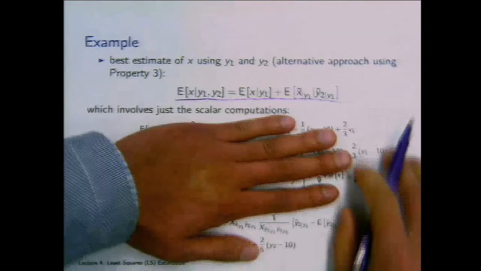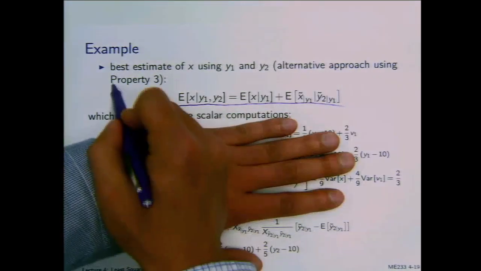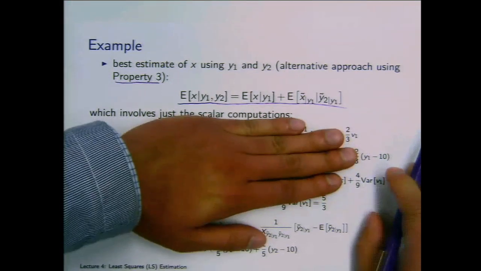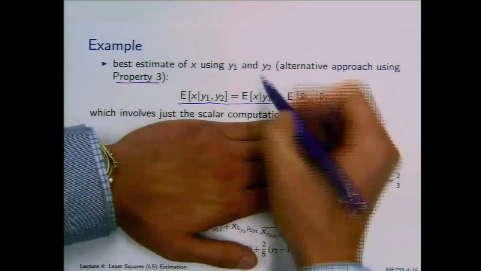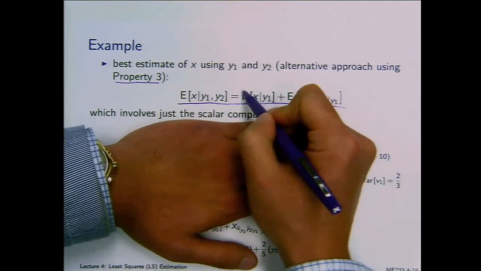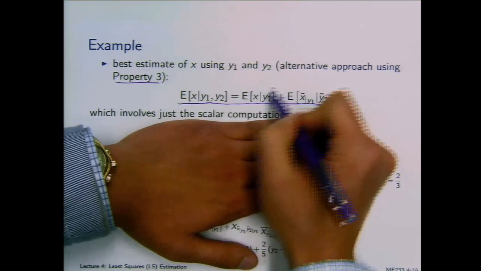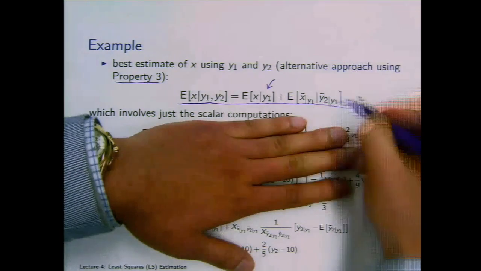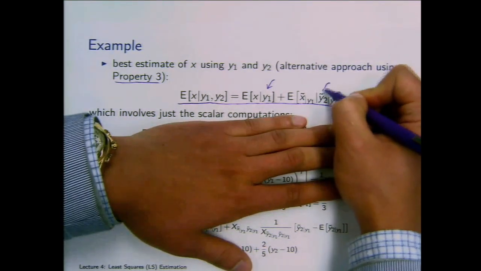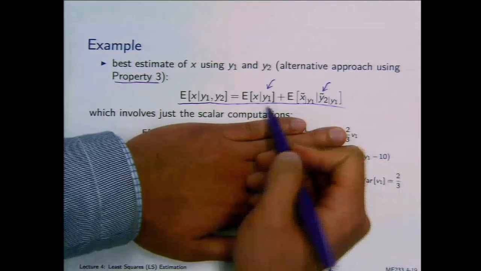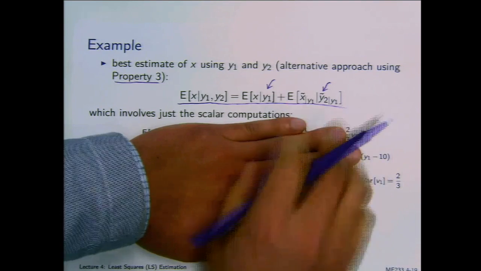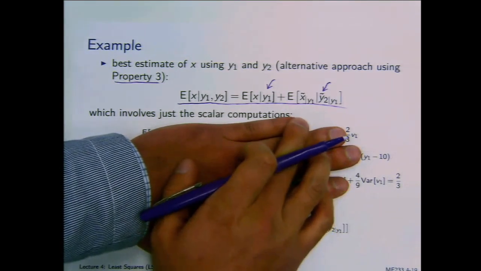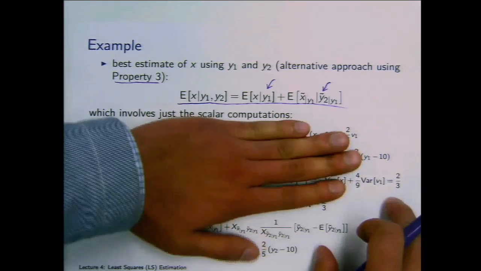This is using property 3 of the least squares estimation. We can first do the estimation using only the information of y1, and then after we get the second measurement y2, we improve our estimate. That's the key message here for that kind of operation.